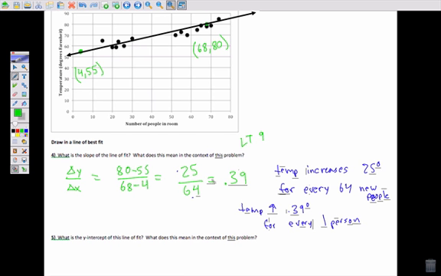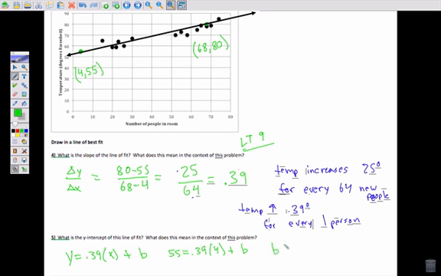Number 5 here, you need to take one of your points, y equals 0.39 times x plus b. And again, this just goes back to learning target 9. We're solving for b, so let's use the first point. So we'll go 55 equals 0.39 times 4 plus b.